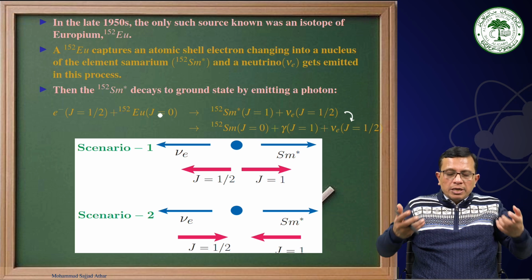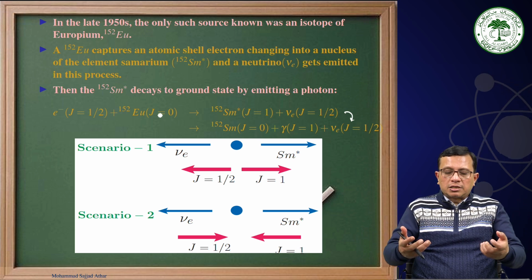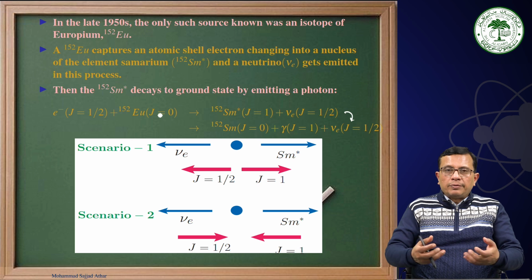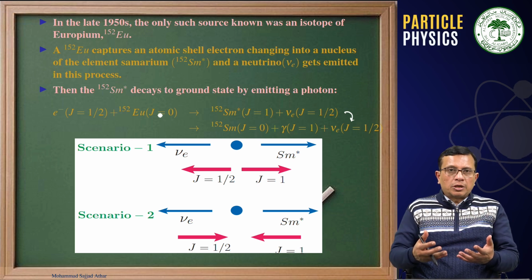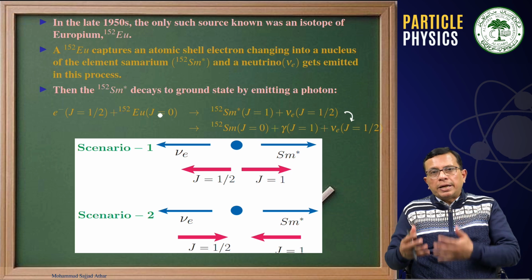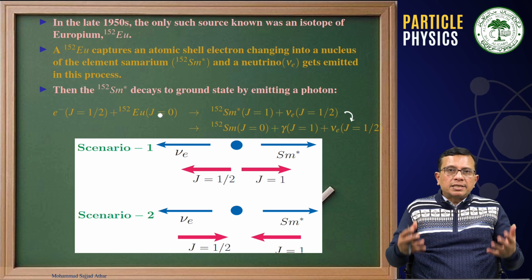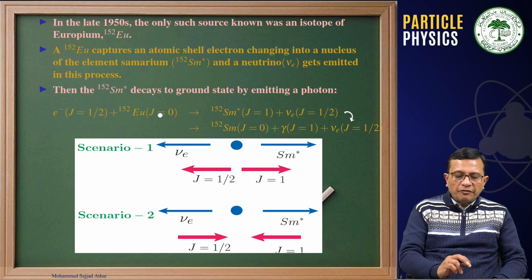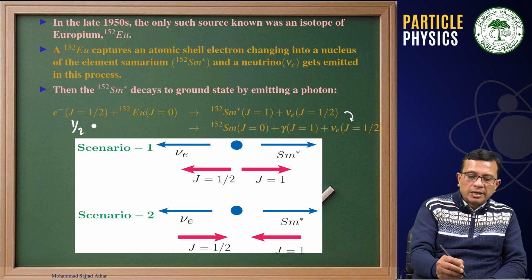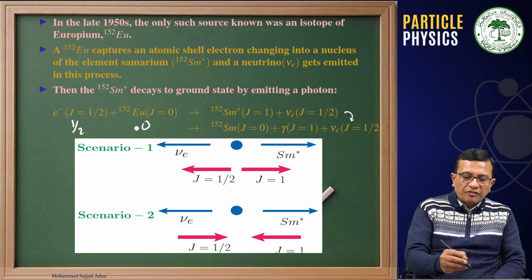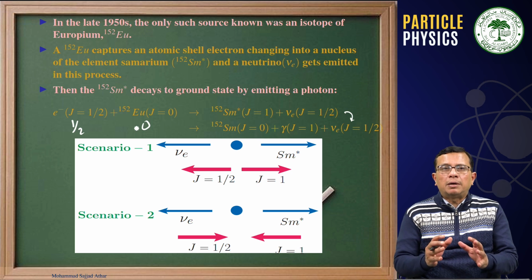And when they go in opposite directions to conserve momentum, they also have to conserve the angular momentum, because both linear momentum and angular momentum are exact conservation laws. Therefore, j is equal to half for the electron, and j is equal to 0 for europium, so the total initial angular momentum should be half.